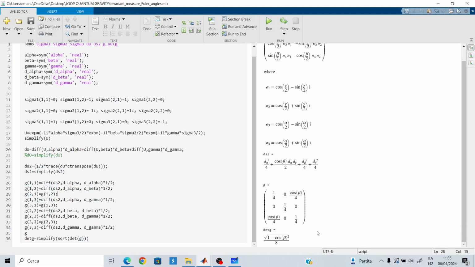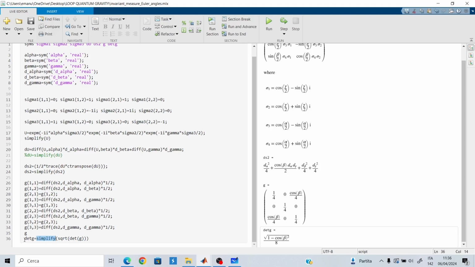When we compute the overall matrix G, this is what we get. Then here we can compute the determinant, or to be more precise, the square root of the determinant. So here I made a small mistake in the sense that this det G is not really the determinant of the metric, but it is the square root of the determinant of the metric, because I can see it from here. I define it to be the square root of the determinant of G, and then I simplify the expression.